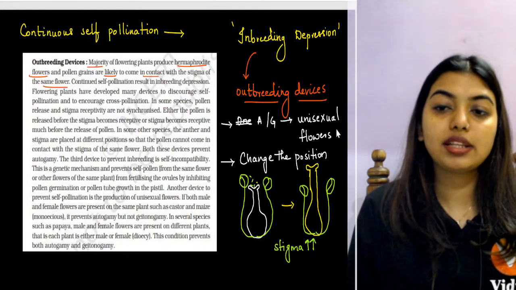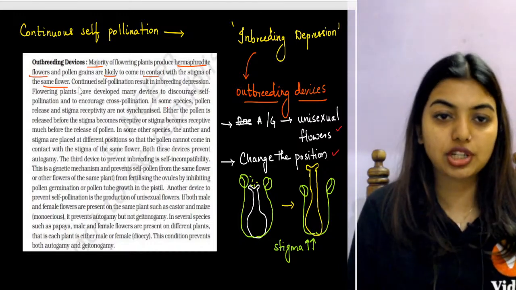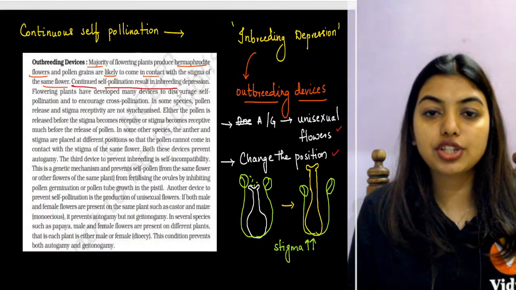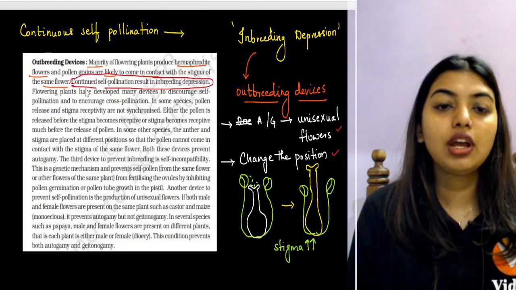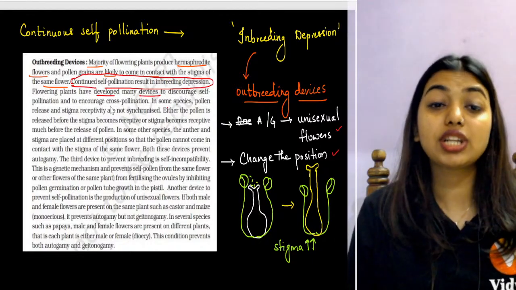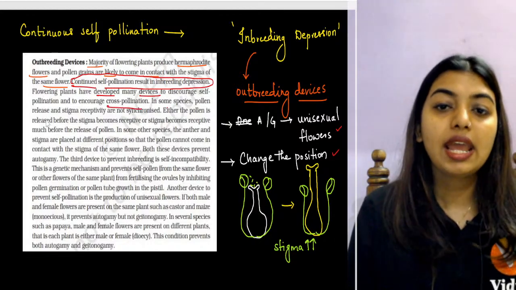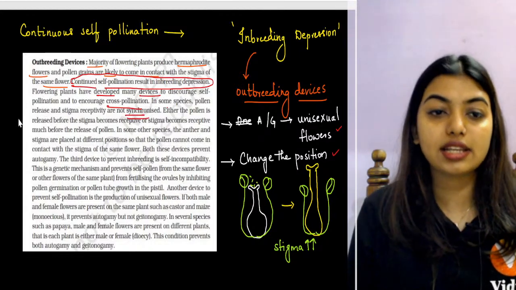So the first step was to form unisexual flowers. The second step is to change the position. Now look here, continued self-pollination results in inbreeding depression. This is what I told you. Flowering plants have developed many devices to discourage self-pollination and to encourage cross-pollination. In some species, pollen release and stigma receptivity are not synchronized. This is the third point.